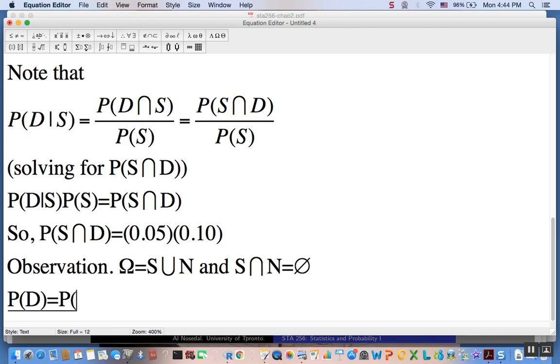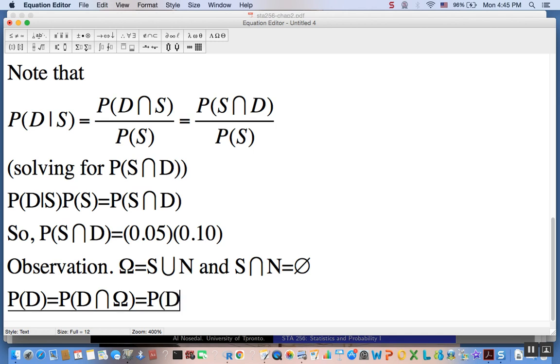So we want the probability of D. That's the bottom part. D intersected with the sample space equals D. You guys agree? The intersection with the entire sample space is going to be D. Okay.